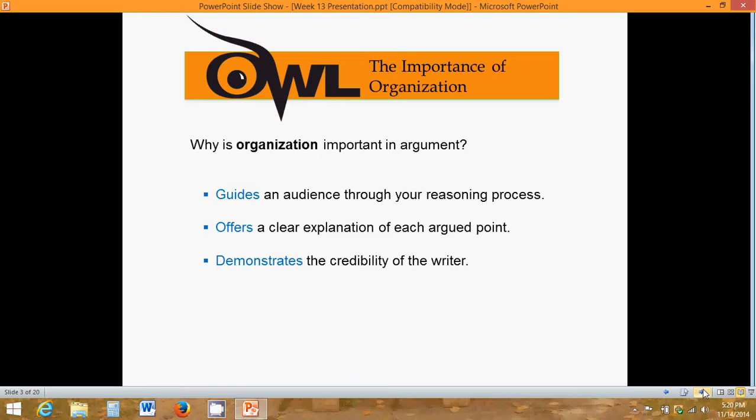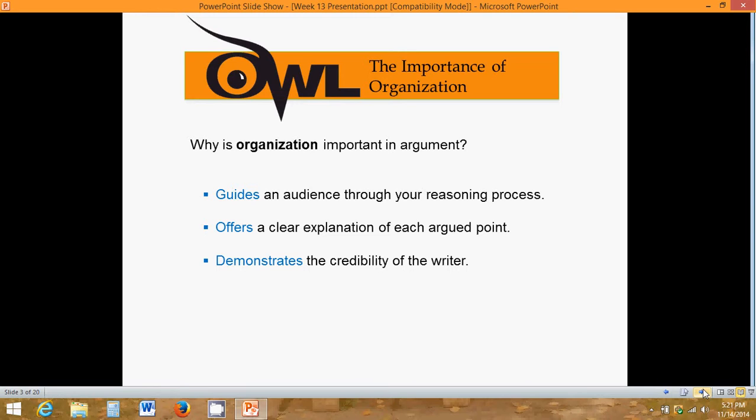So think about it in terms of if you were watching a debate, and if the debaters were up there hemming and hawing and moving from different point to different point without having research to back it up or without having a clear point of view, a clear reference the entire time, then the lack of organization would make the argument ineffective. So what we're trying to do is use organization to guide our reader and to make sure that our credibility as a writer is sound.